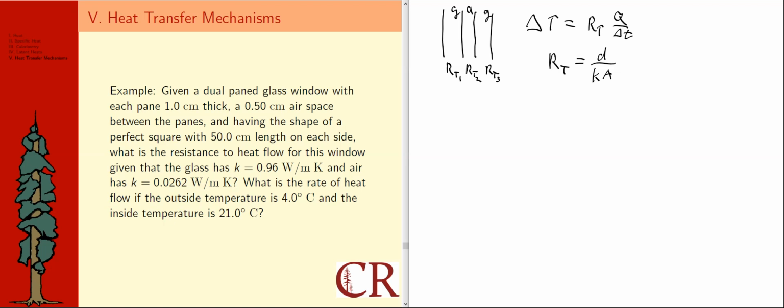So the resistance to heat flow for the first pane of glass is actually going to be equal to the other pane of glass, right? So in that sense, the way I've symbolized this here, resistance to heat flow 1 is equal to resistance to heat flow 3, and those would be equal to the thickness, maybe I'll put a little sub G here for the glass, divided by the heat conductivity for the glass, and the cross-sectional area is the same for everything here, so I don't think I need to subscript that.